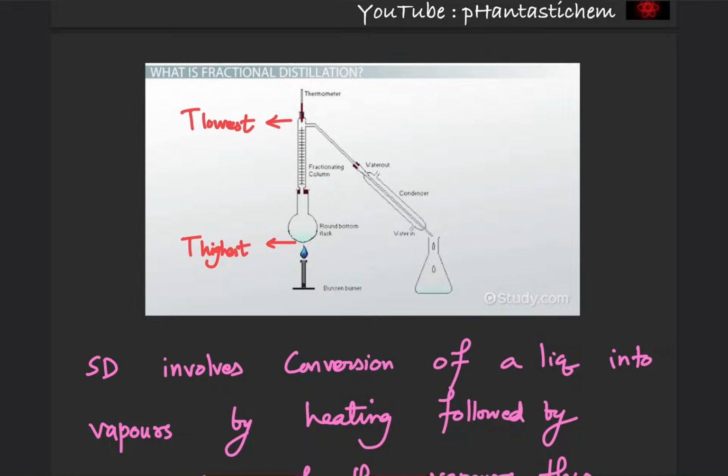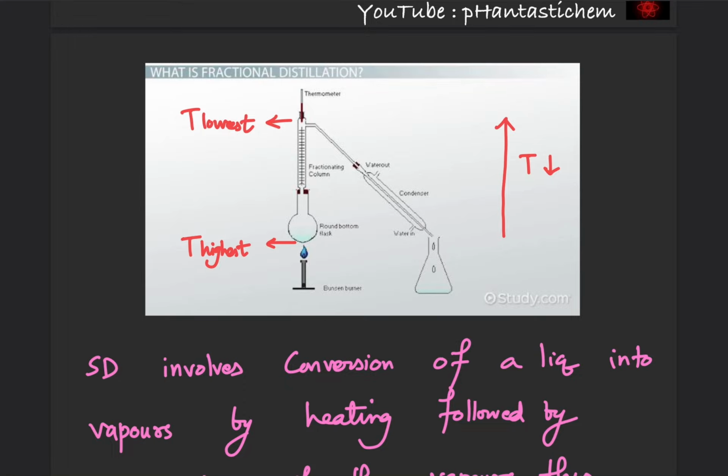Can you see gradually from the bottom to the top, the temperature is decreasing. Therefore we say that there is a temperature gradient throughout the fractionating column. This temperature gradient is very, very important. So temperature decreases from bottom to top.